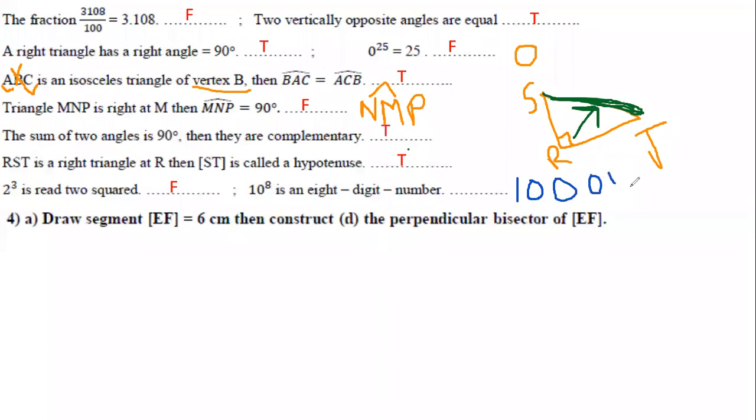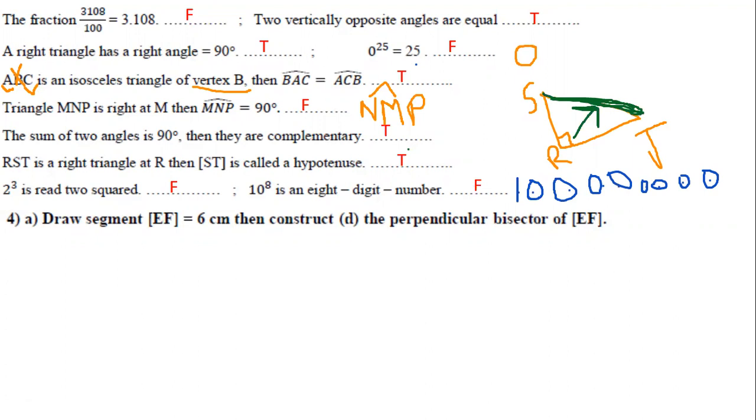Let's count how many digits we have: 1, 2, 3, 4, 5, 6, 7, 8, 9. So it has 9 digits. So is it true or false? It's false. This is false, yes.